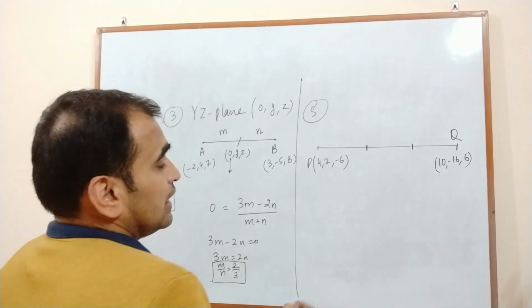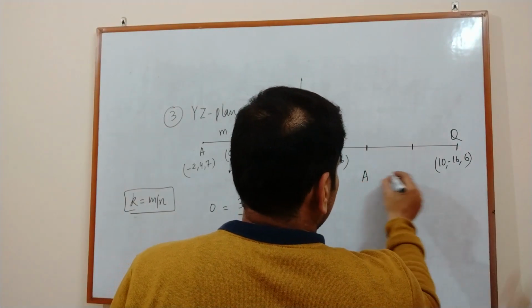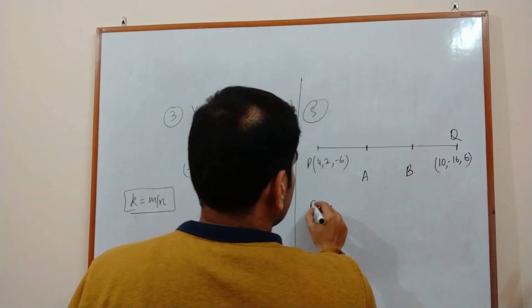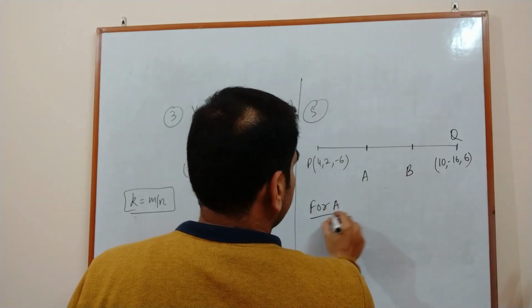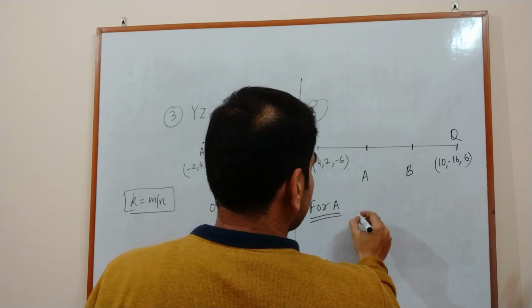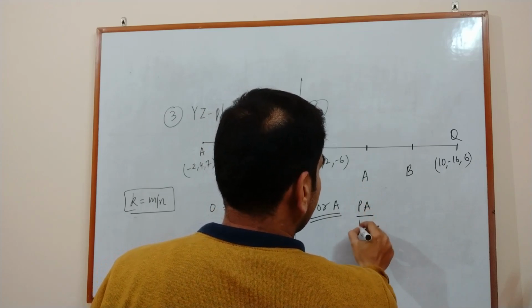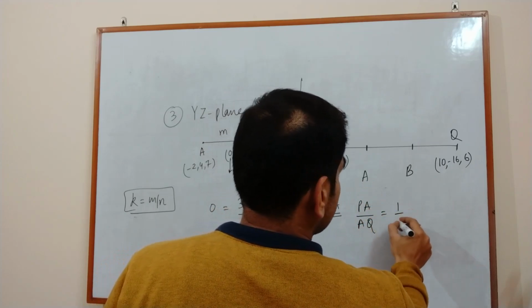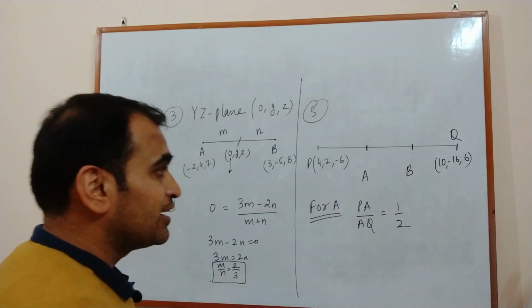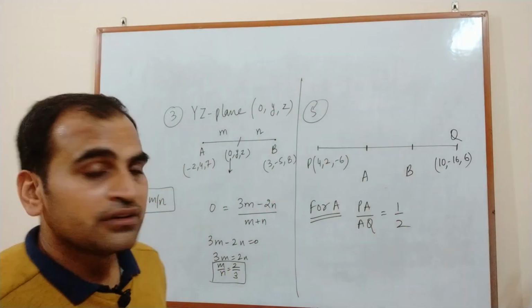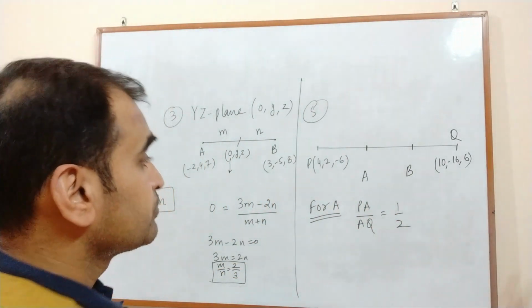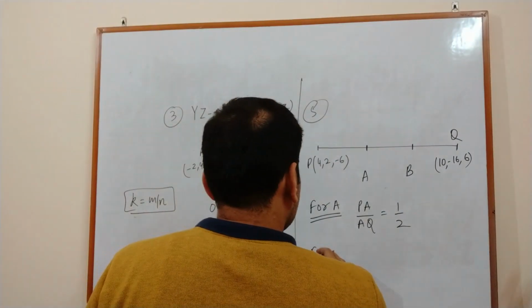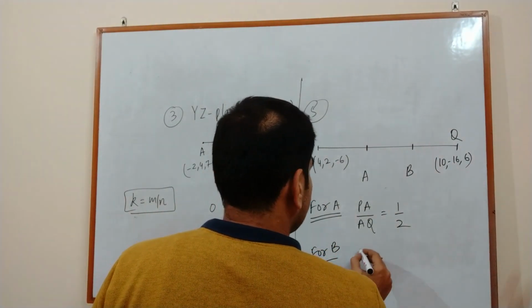So let this point be A and this point be B. For A, if you are calculating for A, you can take the ratio of PA to AQ as 1:2. Apply the section formula, and you will be able to find the coordinates of A. For B, you have two ways.